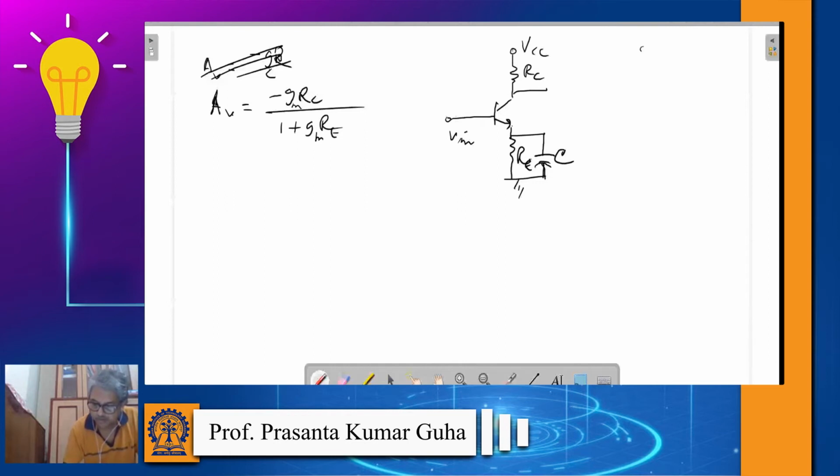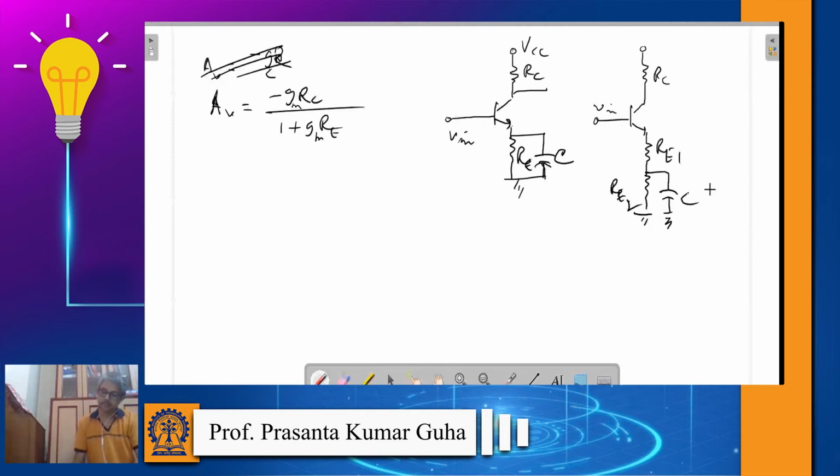Sometime you will see a part of RE is bypassed. Okay, if you bypass the whole RE, you choose a capacitor in such a way that the AC signal will see this capacitor as short.